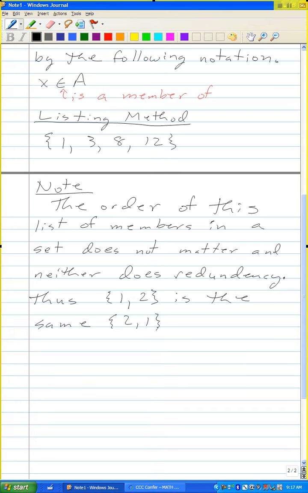So the fact that they're written in a different order doesn't make any difference. And it is the same as {1, 2, 1}. So in general, we try to write it in order, just so that it looks nice, and because we're human, we try to write it without duplication.